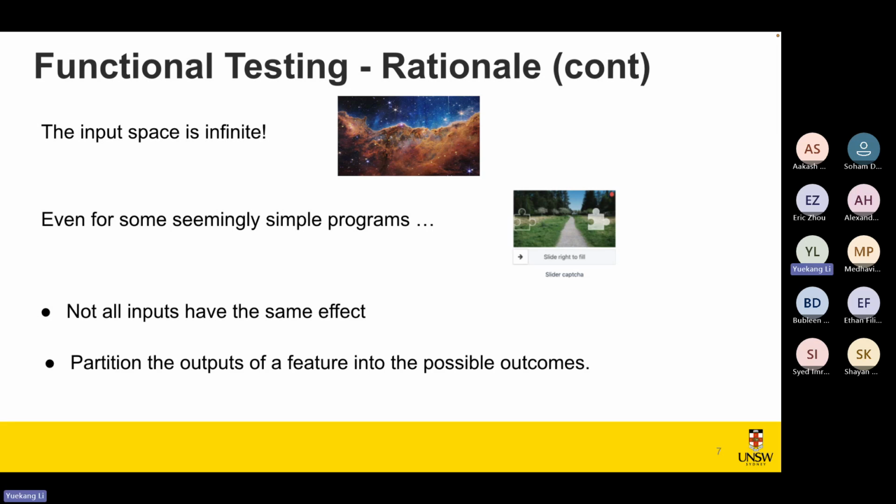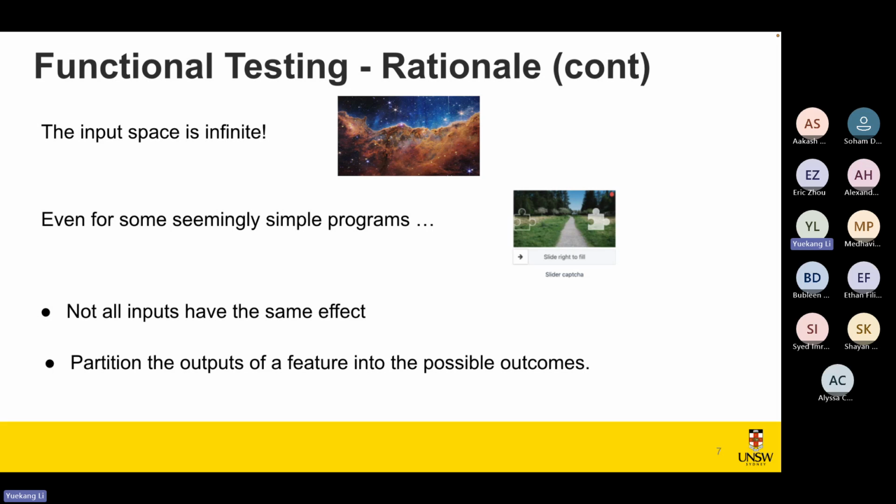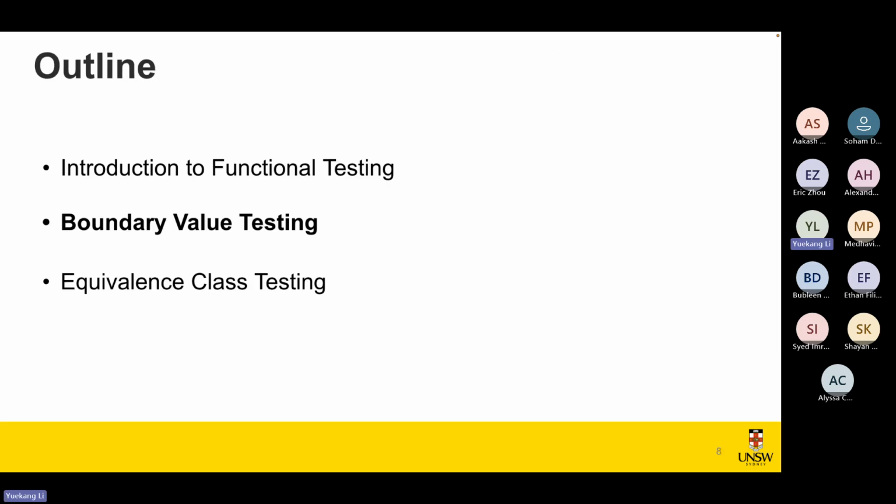And that's why we can partition the input space and select representatives from each partition of the input space as test cases. So that's why we need to do partitioning here. And now let's learn some practical techniques for doing this partitioning.